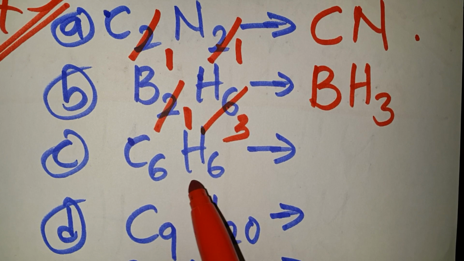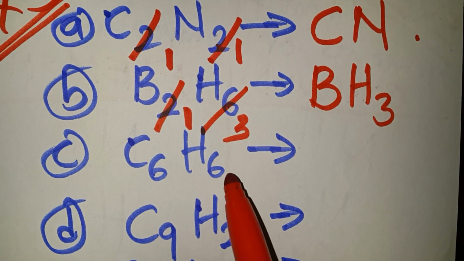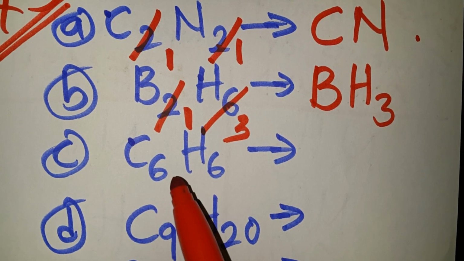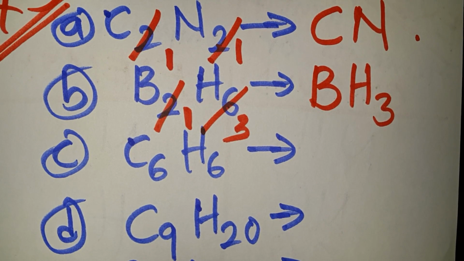We know 2 can go in this, 2 can go in both. 2 can go in 6, 2 can go in 6. But we always make sure we use the value that will cut it into the smallest value.